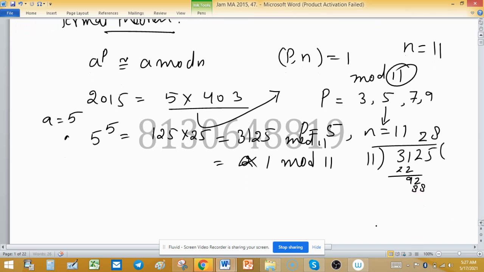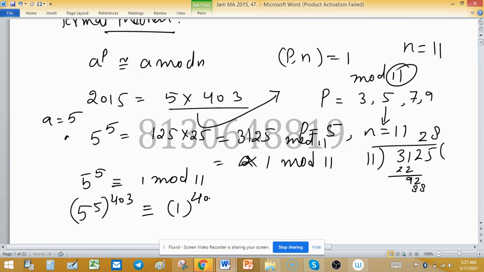It means that 5 raised to the power 5 is congruent to 1 mod 11, and 5 raised to the power 5, raised to the power 403, will be 1 raised to the power 403 mod 11, and 1 raised to the power 403 will be 1.